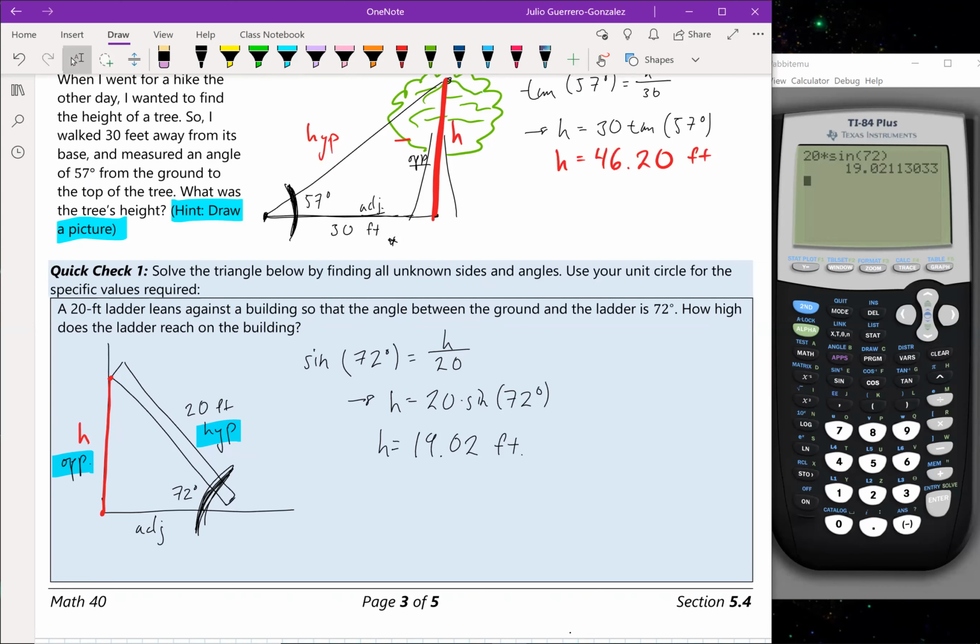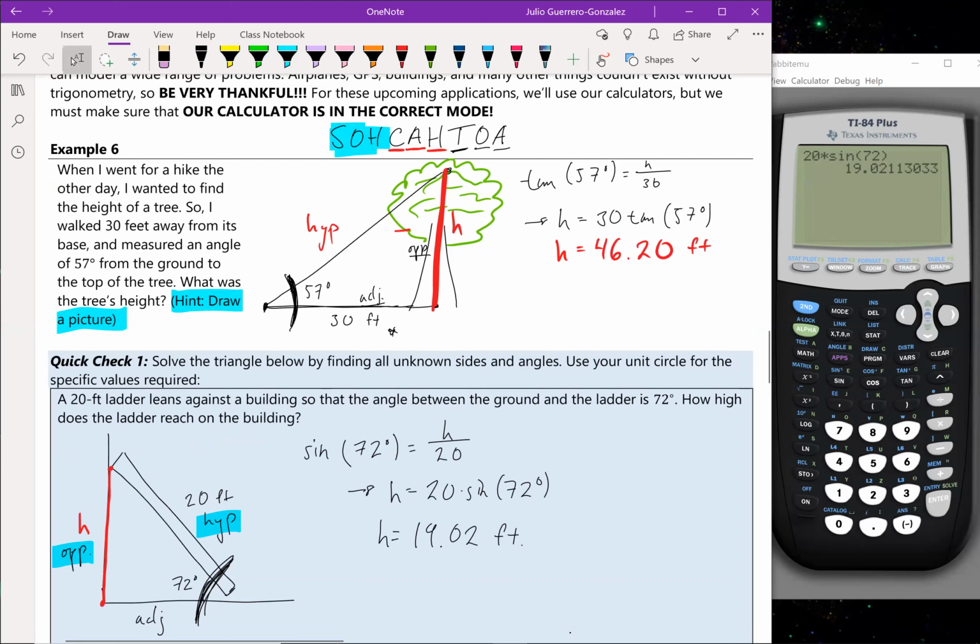So the SOH on that SOHCAHTOA part is the reason why you would use sine for that problem. Right, exactly. And the TOA part is the reason why you use tan on the tree one.